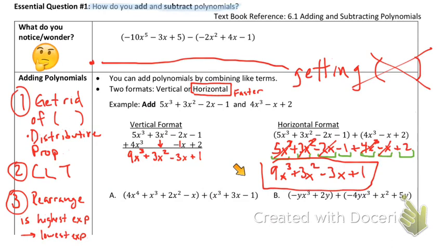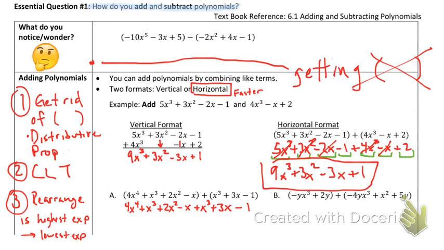So essentially there's nothing to distribute, so I'm going to rewrite these guys without their parentheses. All right, so the parentheses are gone.